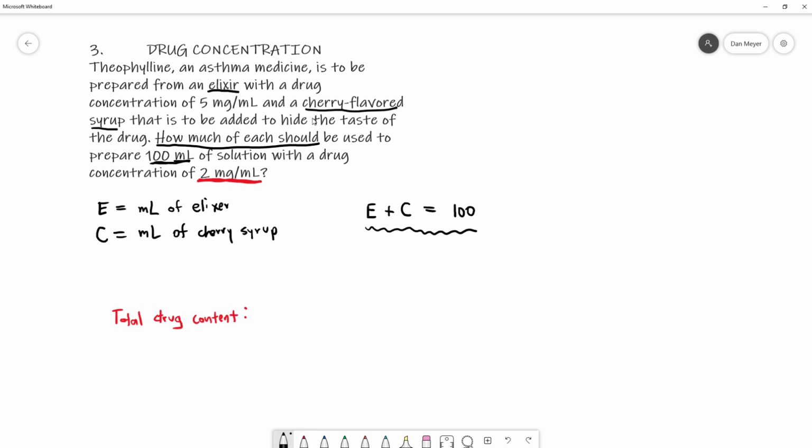If I take the 2 milligrams per milliliter of concentration times the 100 milliliters of solution, you get that there's going to be 200 milligrams of the drug in the mixture.